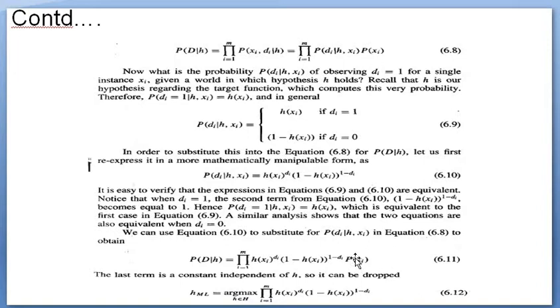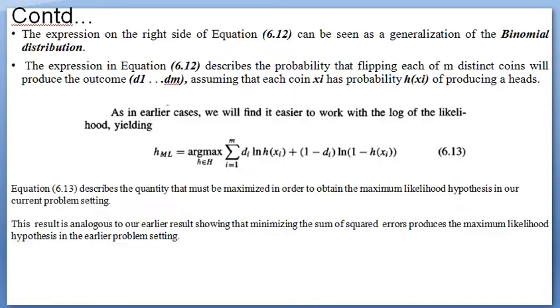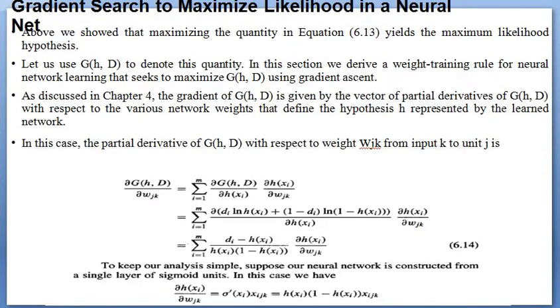We consider it as constant or we can drop it. Then the equation becomes like this, and this is your equation of maximum likelihood hypothesis when probability values are given. Next I will explain the gradient search for maximum likelihood hypothesis in another video.